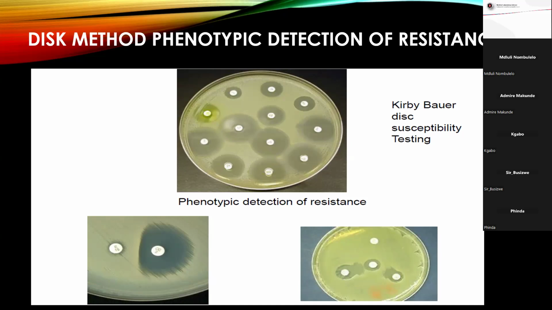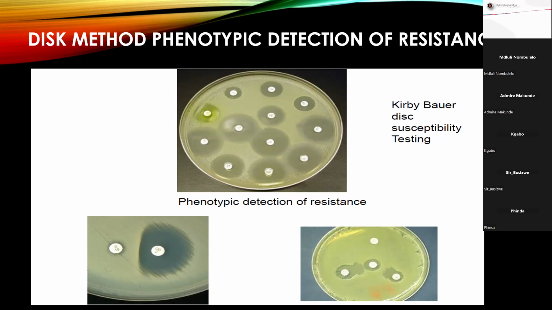The first one, which I said, clindamycin and erythromycin, those are discs which are put together. In the laboratory, you don't just randomly put the antibiotics on day 2 and then on day 3 try to determine the phenomenon of resistance. The best way is, when you are placing the antibiotics for AST, you must know which discs to put together.